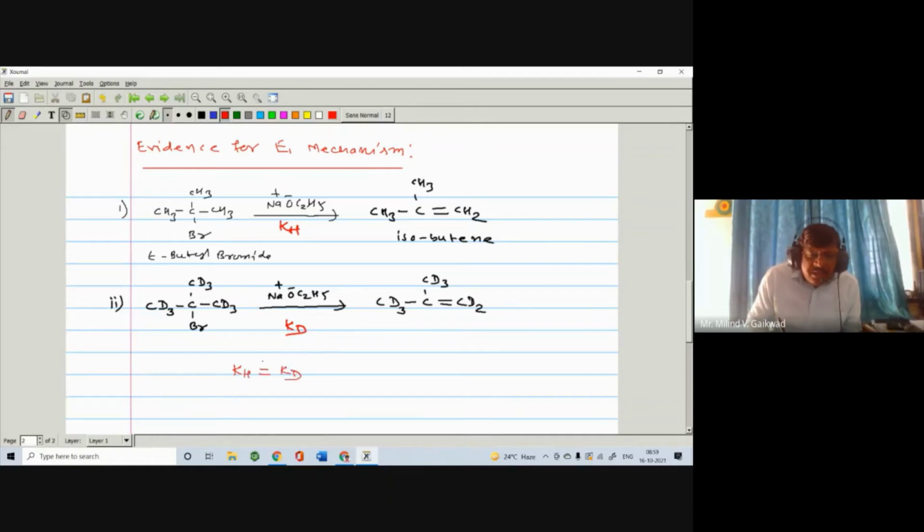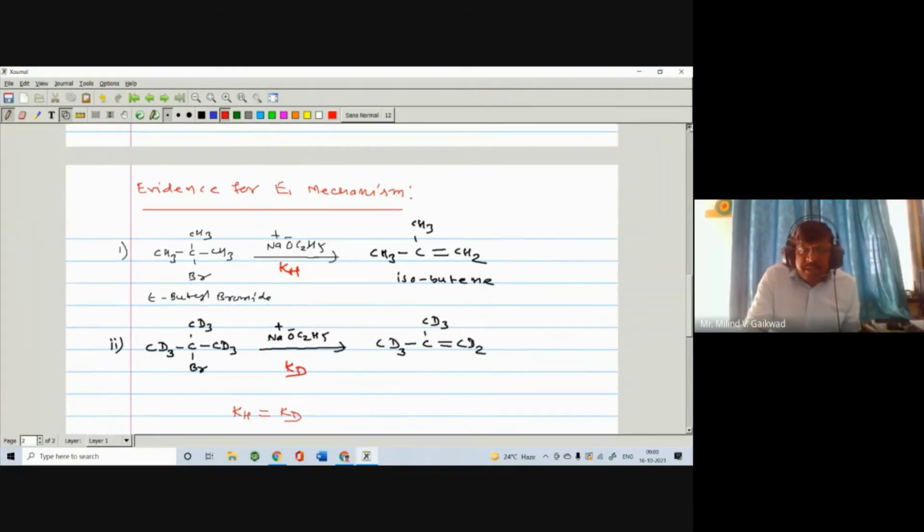It indicates that the CH bond does not break in the RDS step.